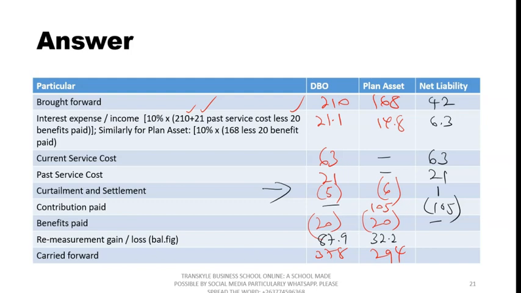I want you to look at it this way: we have a defined benefit obligation that has been reduced by 20, and a plan asset that has also been reduced by 20. The impact there is going to be a 0.